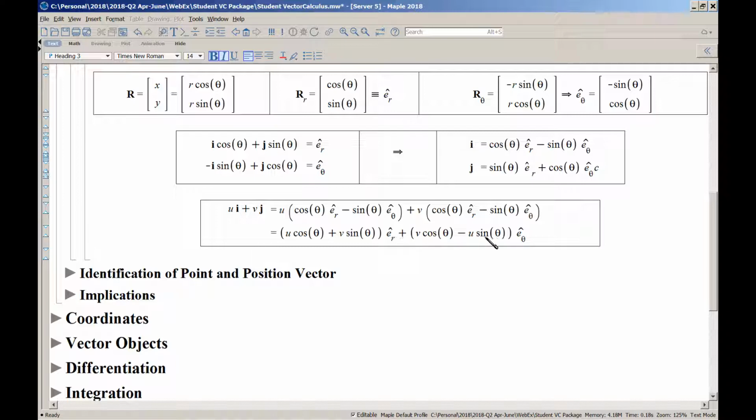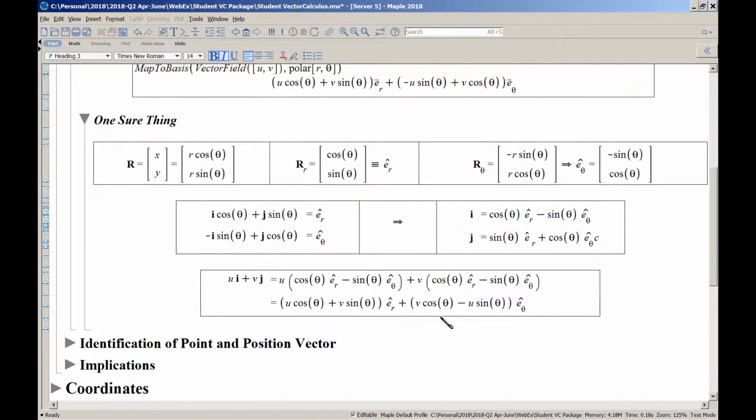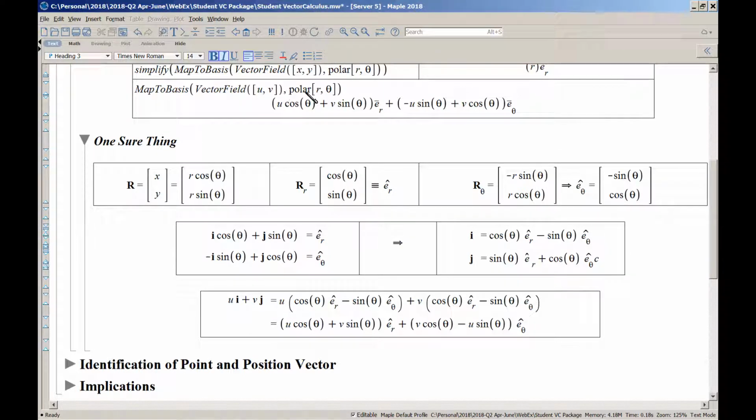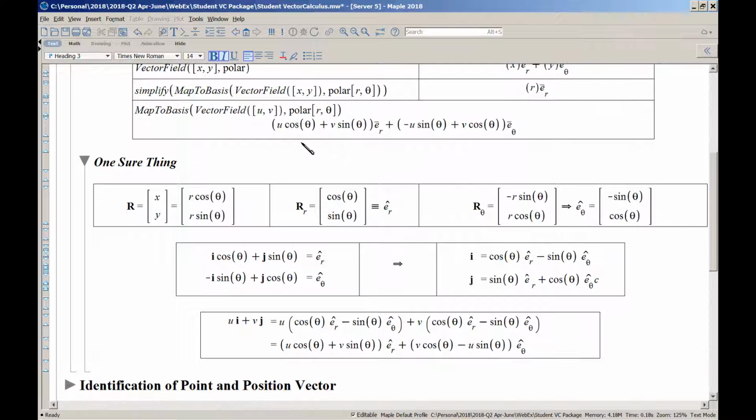You get e r, e theta, and if you go back over here, you'll find out that's exactly what Maple gave you. So this expression that Maple came up with when it took a Cartesian vector field and mapped it to polar coordinates is the correct expression. Maple does this correctly. That is what you're supposed to get. And the explanation here about the x and y as opposed to u and v must mean that Maple knows something about the letters x and y that you did not expect.